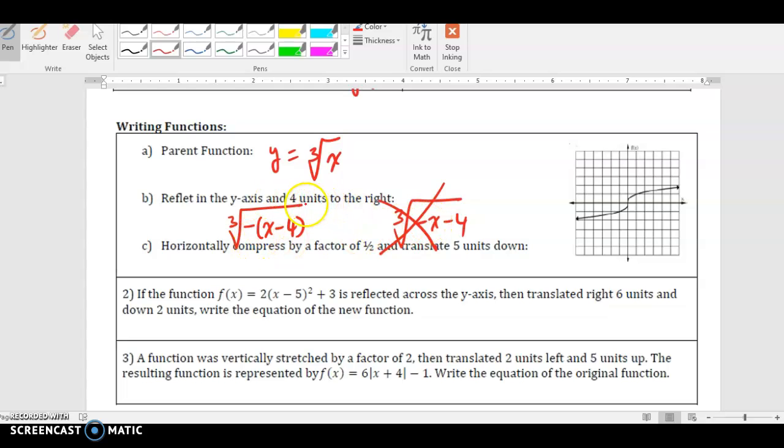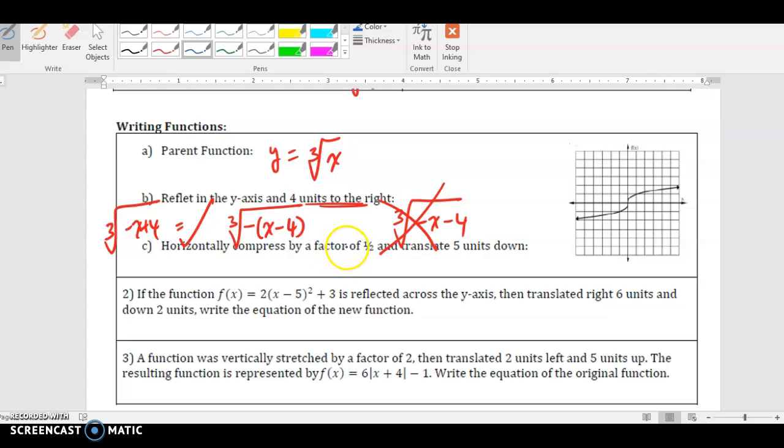Do the going to the right first and then put the negative. Otherwise, you could write this as cube root of negative x plus 4 if you distribute it. So this is correct, but this is not. Be careful in the way you're writing it.